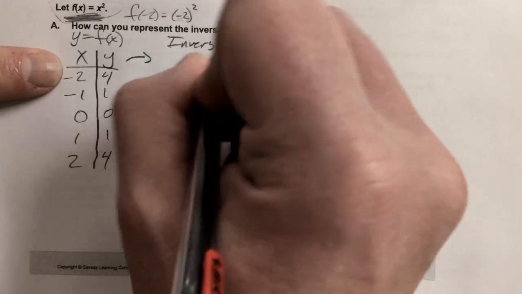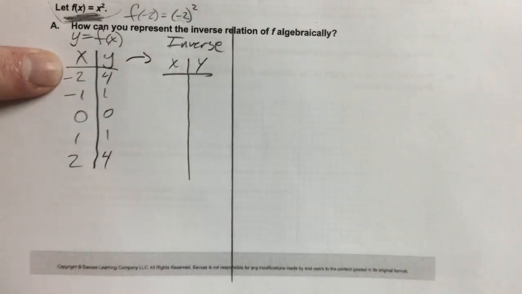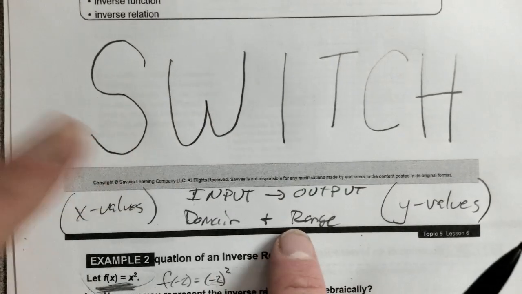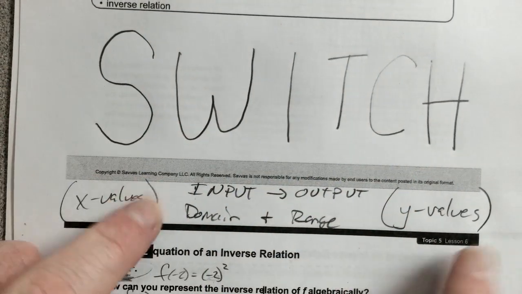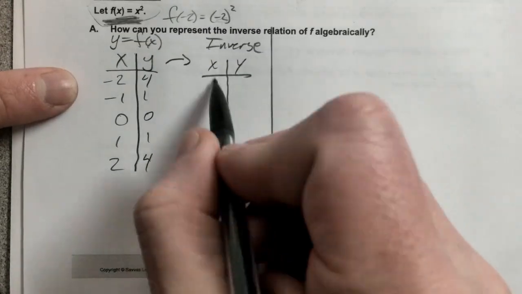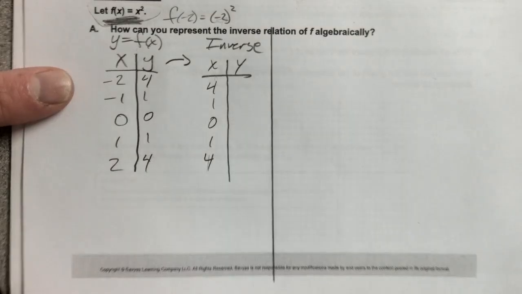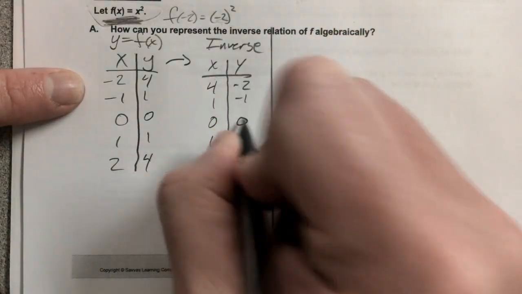Inverse is going to take all of those x values and they become y values. When I say switch, my x and y values are going to switch. So here, my x values are 4, 1, 0, 1, and 4. My y values are -2, -1, 0, 1, 2.